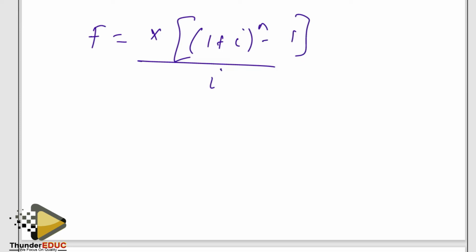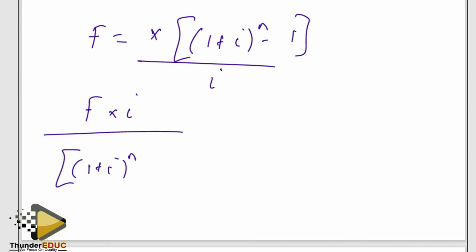Since it is a savings deposit, we're going to use the future value formula. F equals x times 1 plus i to the exponent of n minus 1 over i. So x is going to be F times i over the whole thing, 1 plus i to the n minus 1.